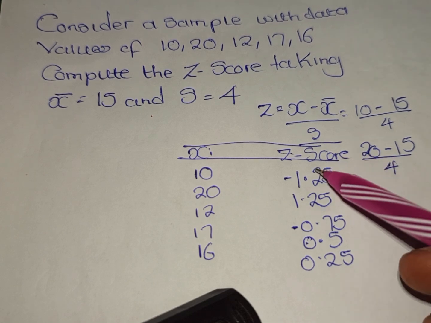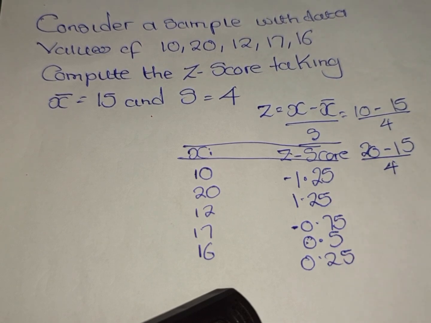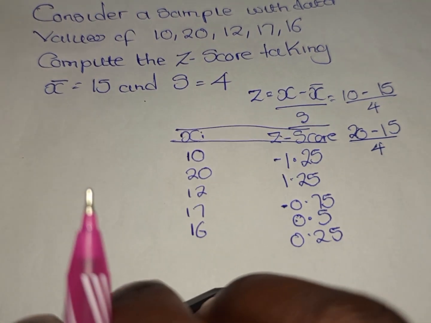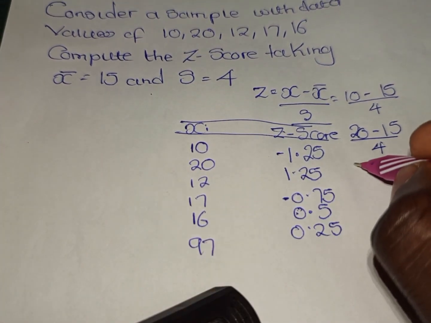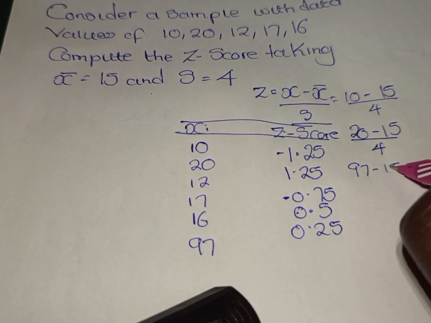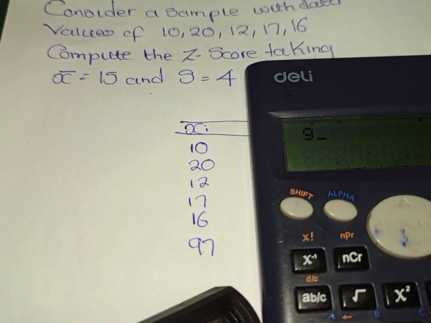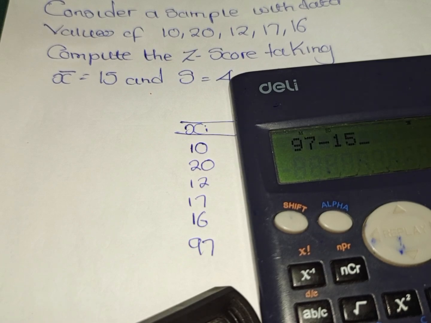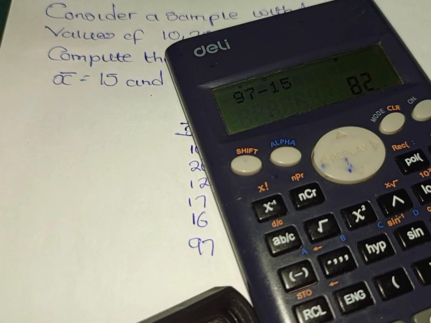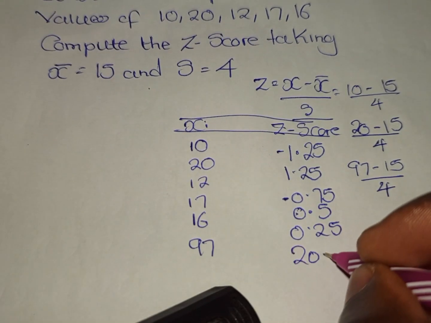But if maybe you had any number here that is less than -3 or greater than +3, then that number is an outlier. So let's assume maybe you are given 97 here, and you say 97 minus 15 divided by 4, you get the value to be 20.5.